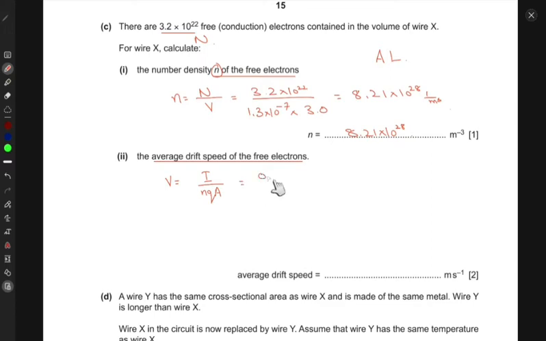This gives me 0.80 divided by 8.21 into 10 raised to power 28 into 1.60 into 10 raised to power minus 19, which is the charge of a free electron, and then 1.3 into 10 raised to power minus 7 as the area. The math gives you 4.68 into 10 raised to power minus 4 meters per second. That is the average drift speed of the electrons in the wire, the speed at which they are drifting.